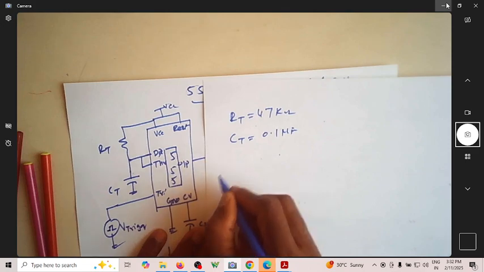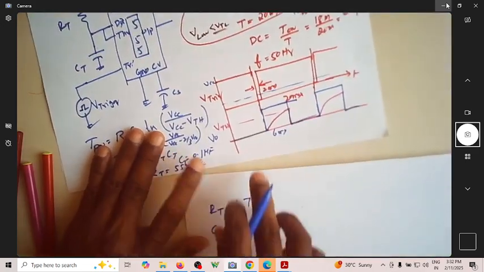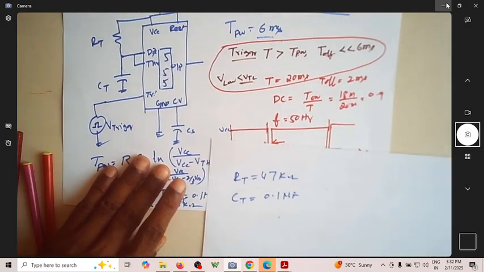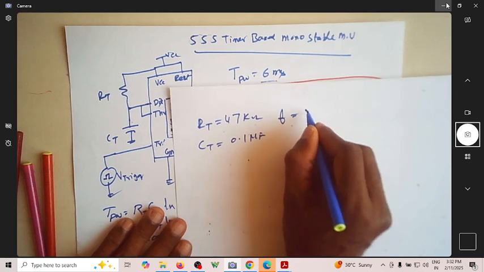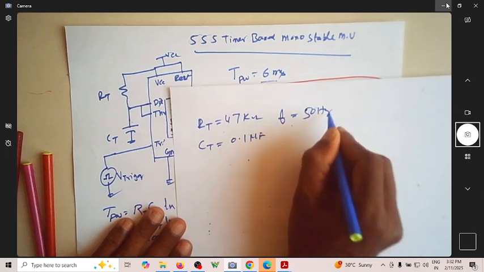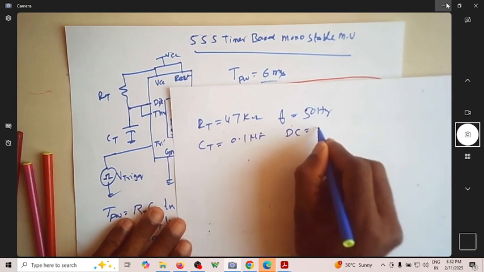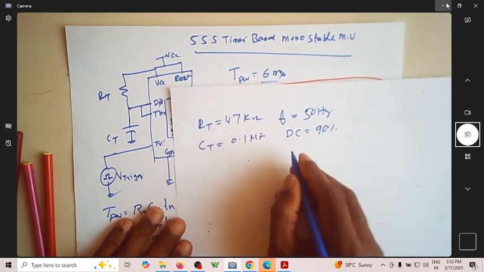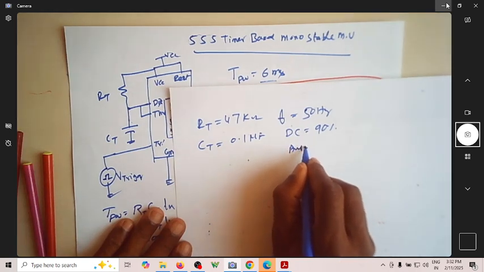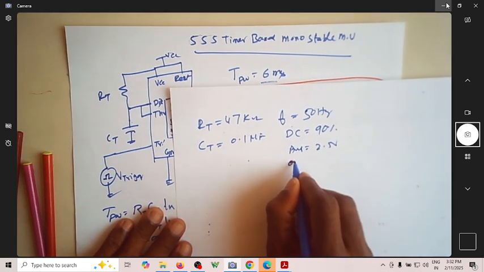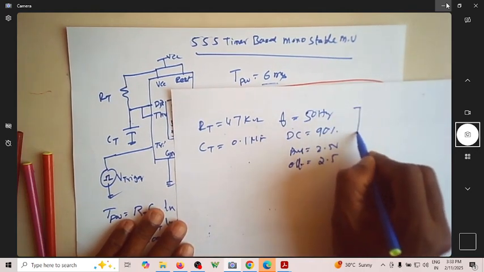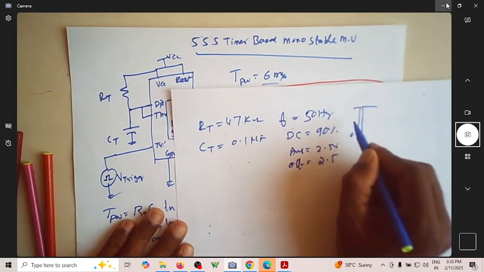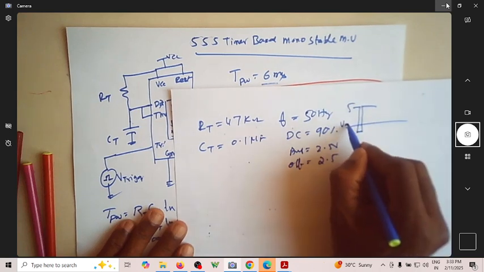And of course, this should be a must. So you should have a trigger signal something like this with a frequency of 50 hertz, duty cycle of 90%, and with amplitude as 2.5 volt and offset as 2.5 volt, which will guarantee a signal from 0 to 5, ensuring that it is going below VTL.